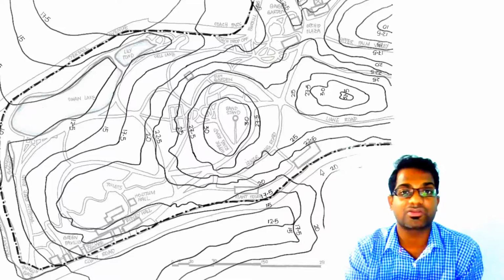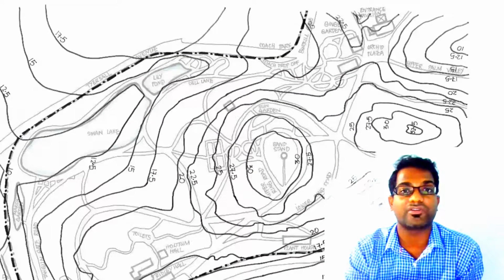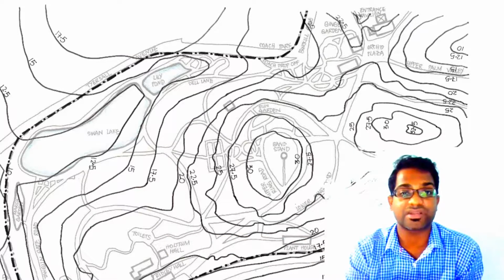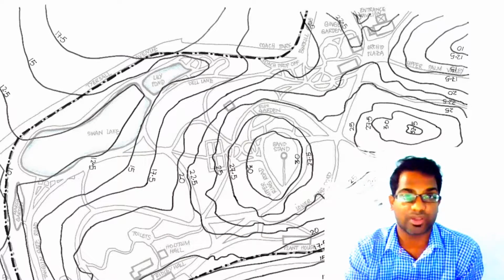So here in the picture you can see a small map of a town where contour lines are drawn, the north symbol is also given, and below you can see the scale. These lines represent the points of equal elevation.